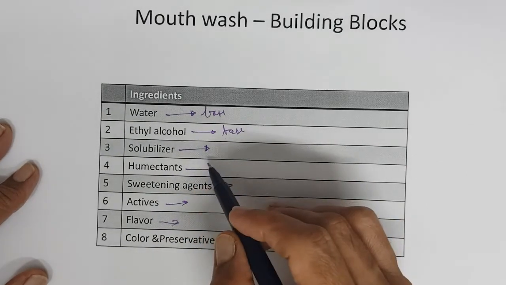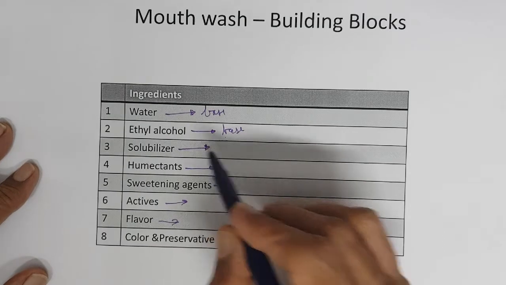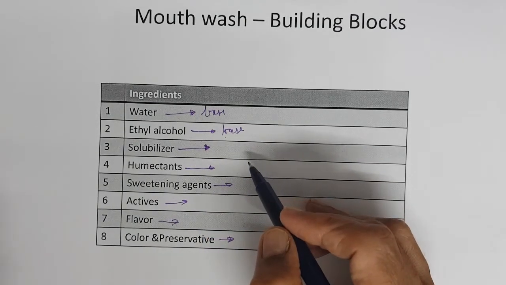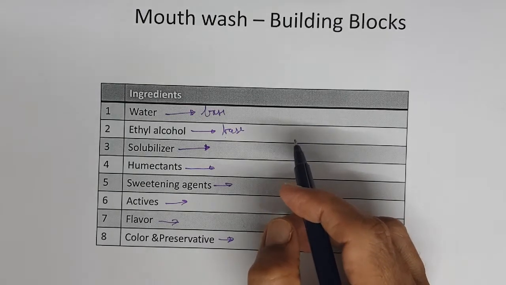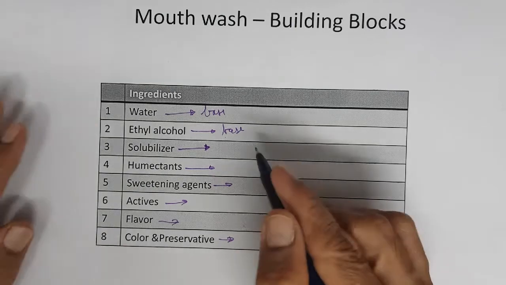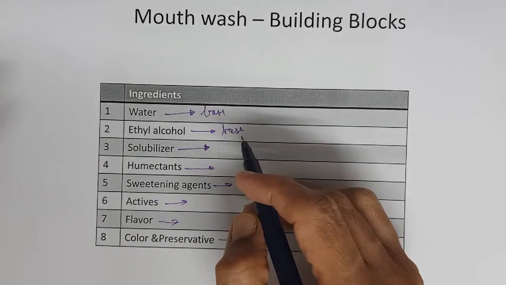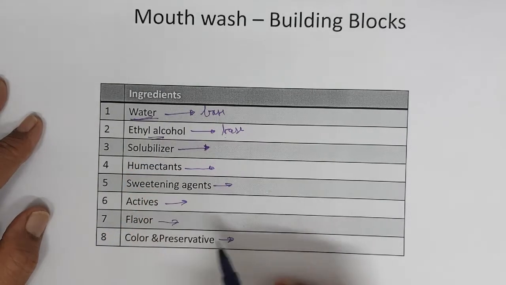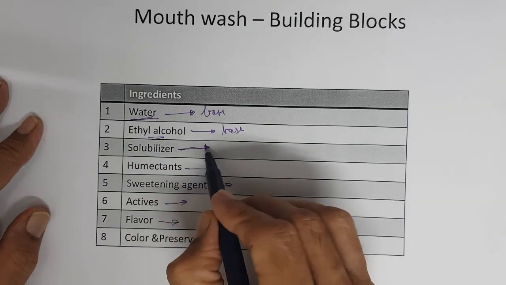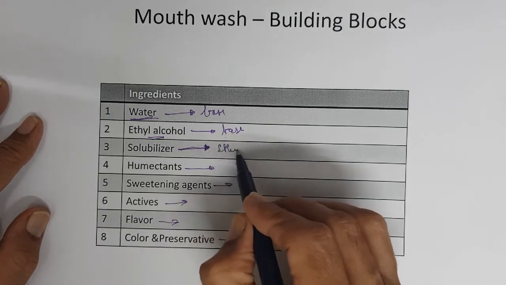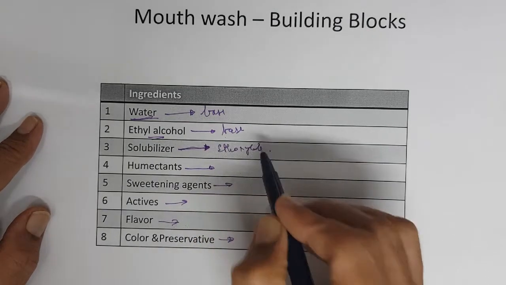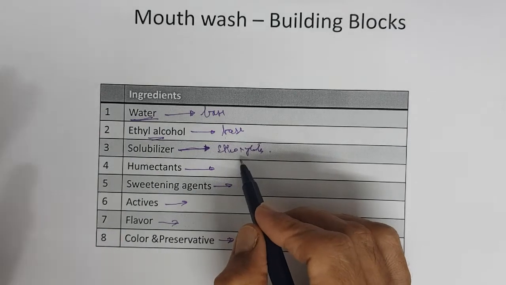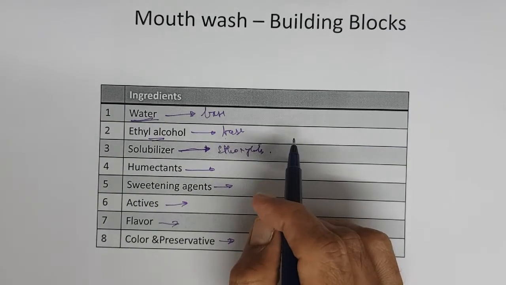Basically there are alcohol based mouthwashes and hydroalcoholic, water and alcohol based mouthwashes. Some of the recent mouthwashes are only water based, with no alcohol. A solubilizer is generally an ethoxylate, high HLB emulsifiers or solubilizers.